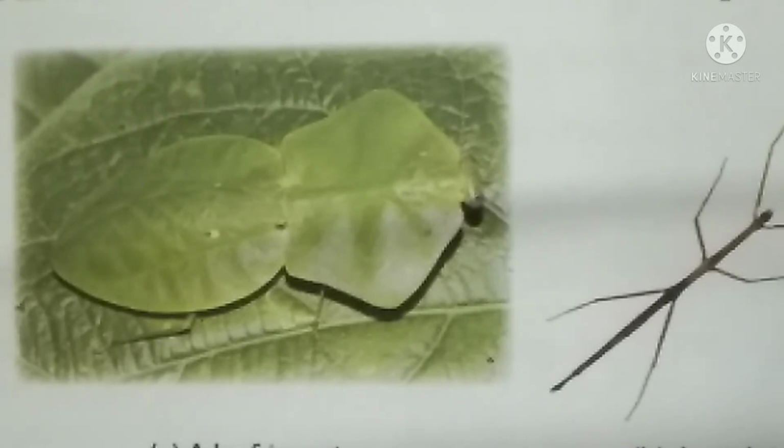Now, if you think about the animals, a large variety of animals can be found in this forest, and they have some special adaptive features. Because there are a large number of animals, there will always be competition for food.